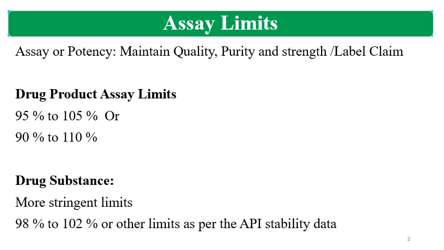For drug substance it is more stringent and might be from 98% to 102% or other limits as given by the DMF holder or the manufacturer of the drug substance.